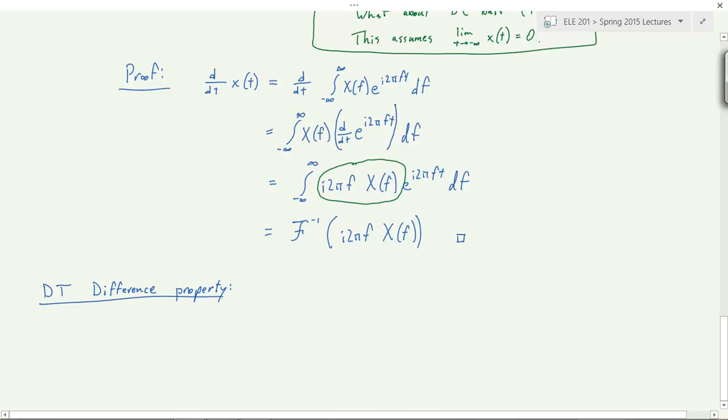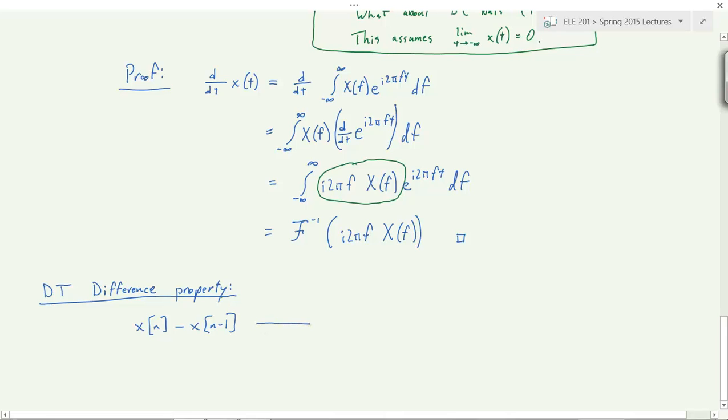What's an approximation to the derivative in discrete time? Great. So you're saying take a difference of two neighbors. I'm going to do it this way, but it really isn't going to matter much. Take the current one and the past one, or the future one and the current one. One of those is going to be a good approximation for the derivative, right? Okay, so let's see what happens.